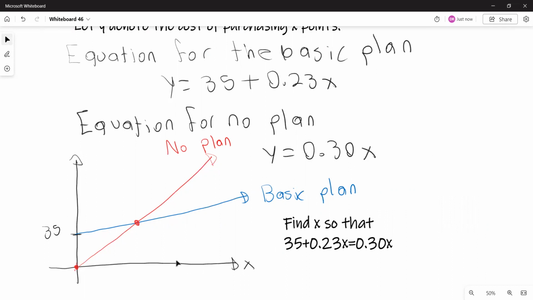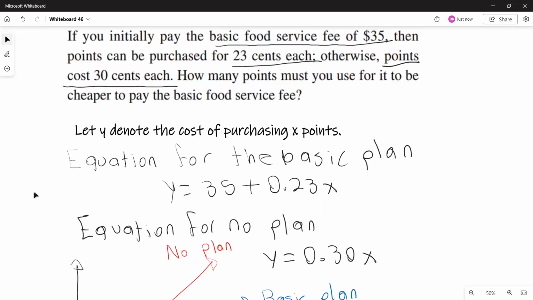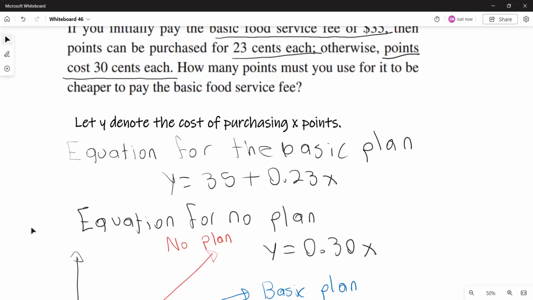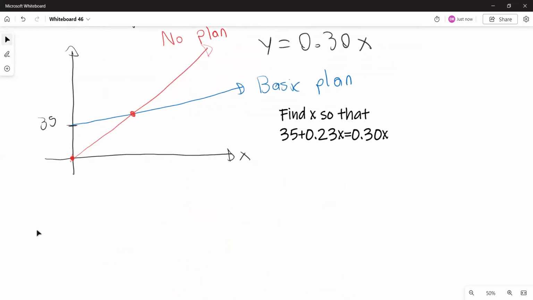So once we solve that, we're going to find the value of x, the number of points, for which you're paying the same for either the basic plan or no plan. And from there, we can tell how many points must you use for it to be cheaper to pay the basic food service fee. But let's solve this equation.